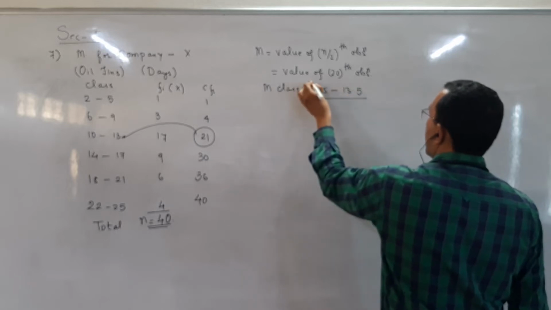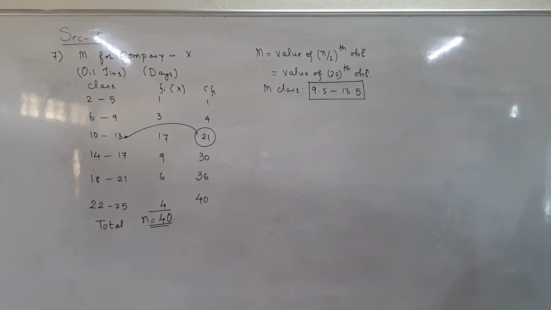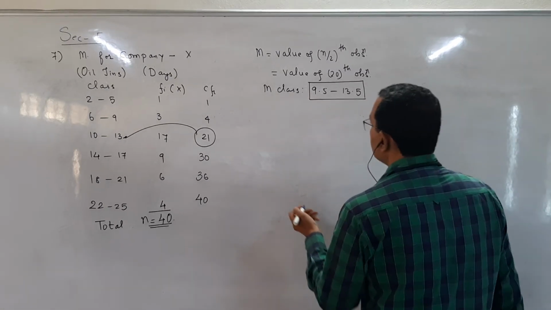This is a very important aspect of the entire sum. The moment you write 10 to 13 students, your answer will be 100% wrong, because for inclusive classes, we have to write boundary points.